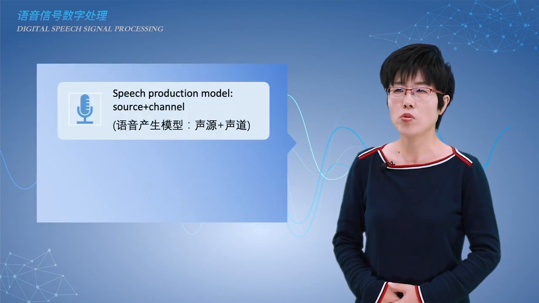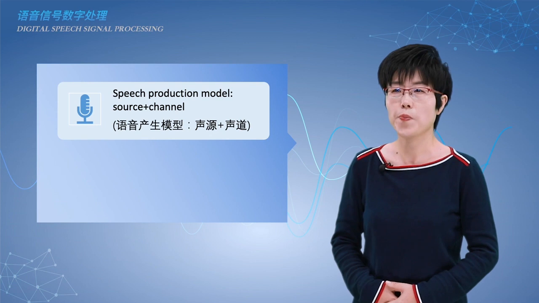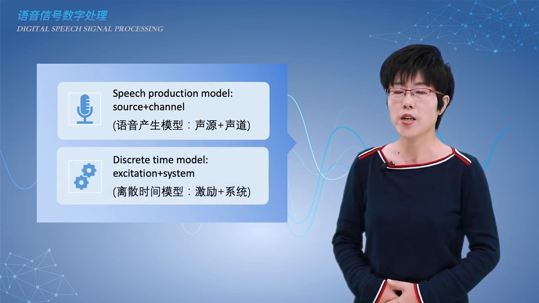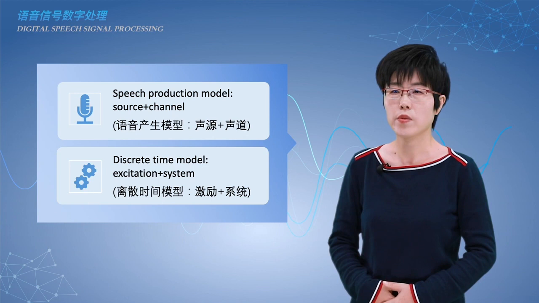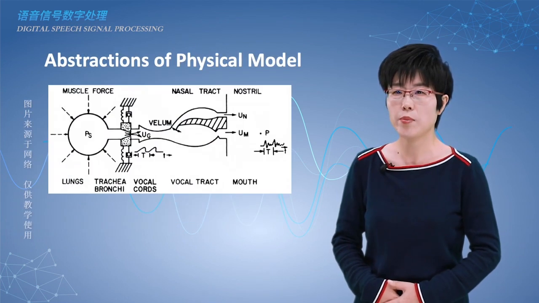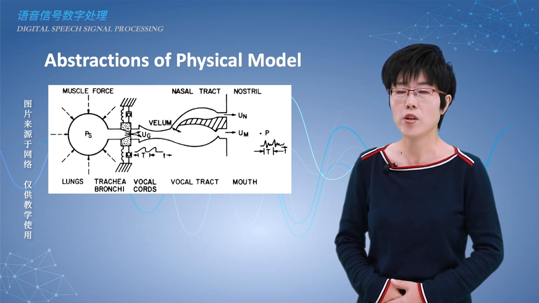Speech production model can be regarded as source plus channel. From the view of discrete time model, speech production can be regarded as excitation plus system. The speech production can be described with physical model as is shown in the figure.